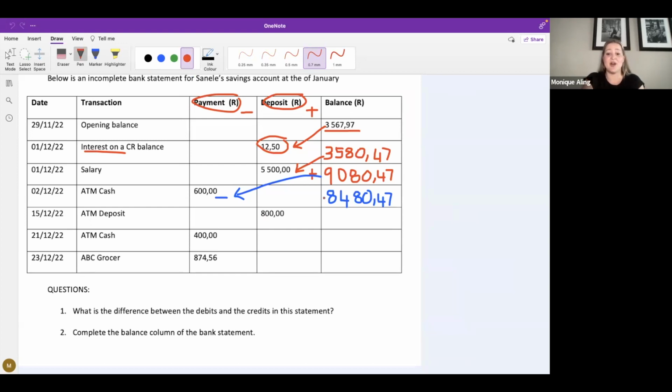It's an ATM deposit. Remember, deposit is money going into our account. So we add, take our 8,480, and let's see what everyone said. Good, well done. So it's 9,280.47. Great, guys. Do the next one for me.